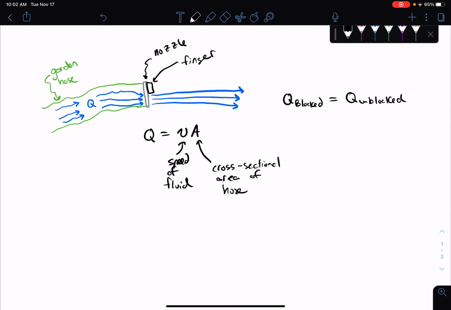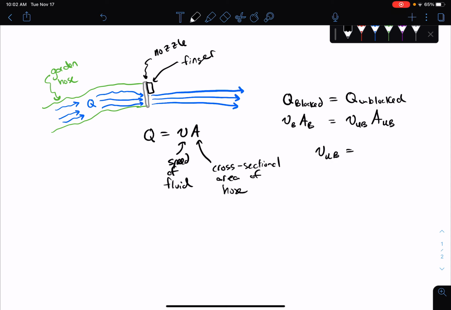Okay? And so using this with our expression here, what this means is V when it's blocked times A when it's blocked must equal the speed when it's unblocked times the area when it's unblocked. Okay? And so we can rearrange and say, all right, what is the speed of the water when it's unblocked?